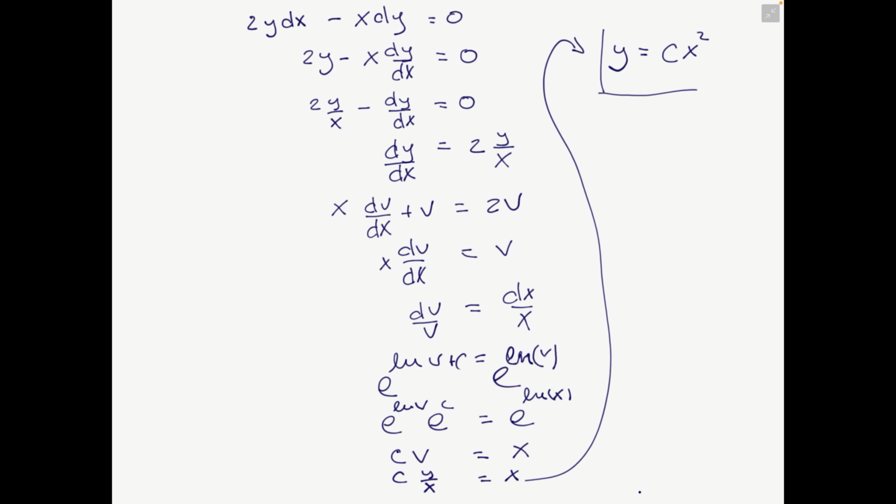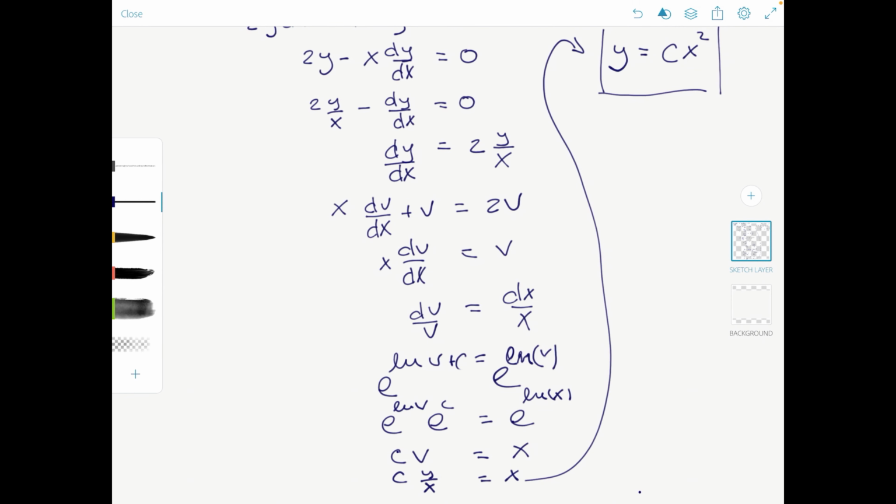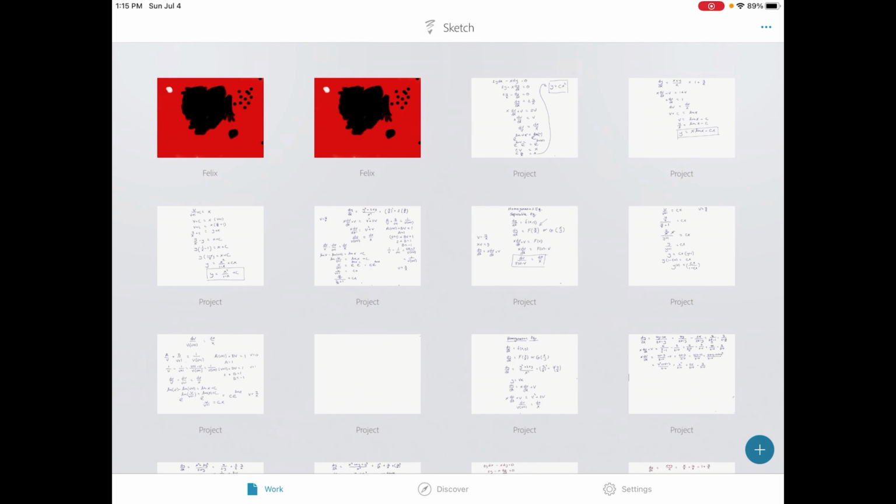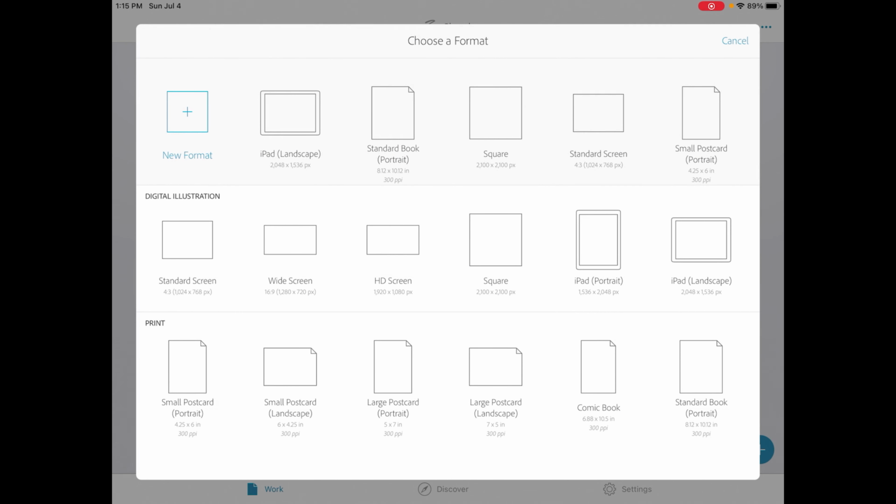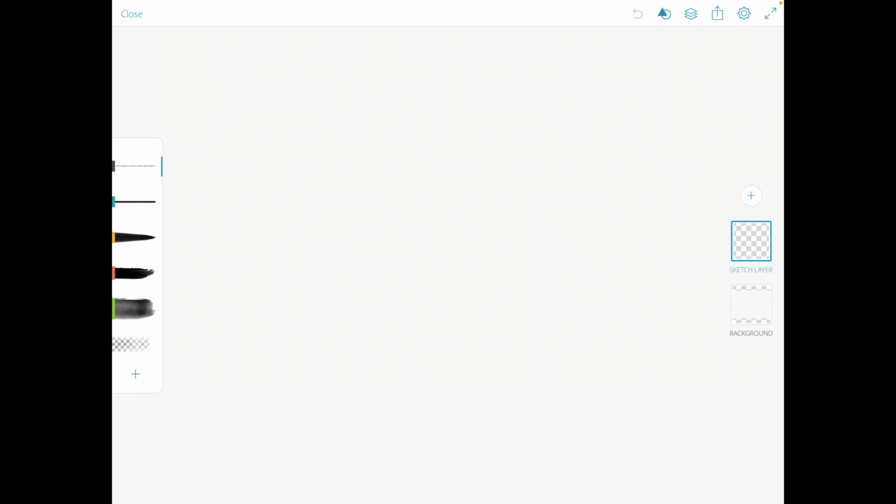And that is our solution. That was a simple one, although I was being a little hasty. And when I'm hasty, sometimes I'm a little careless with simple things.